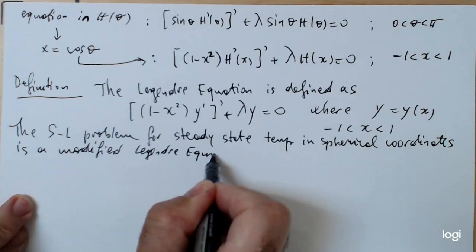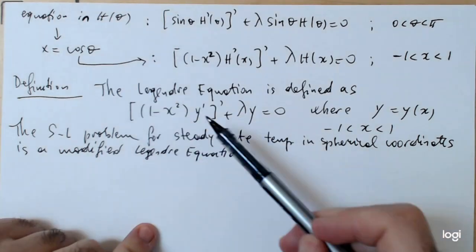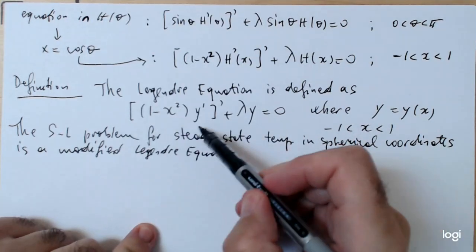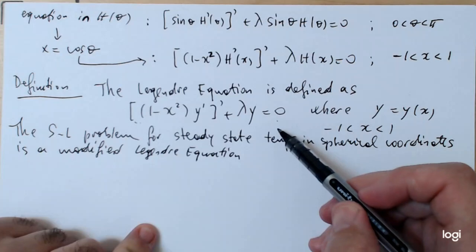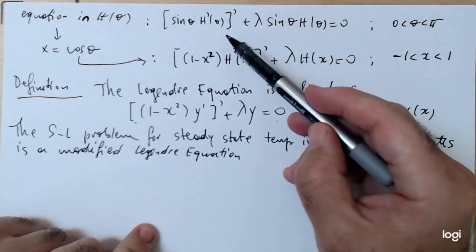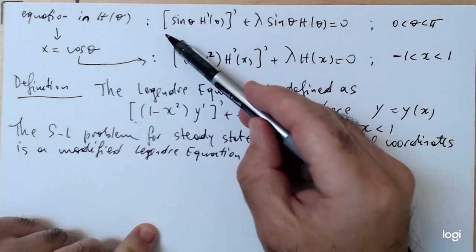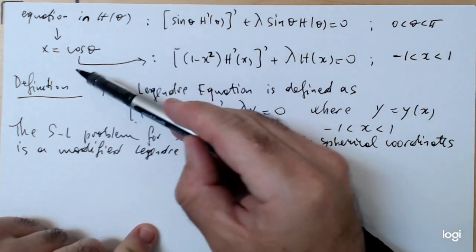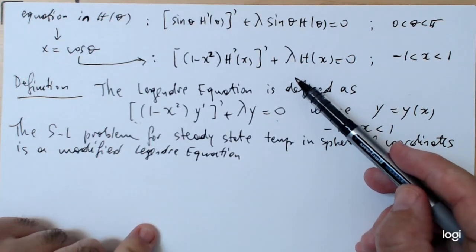I'm going to call it modified because it's via this substitution that you have the Legendre equation, right? So when we study the Legendre equations, we're going to start with this type of equation. But the connection with the actual steady state temperature is via this substitution. All right, so once you end up with this, via this substitution, one ends up with the so-called Legendre equation.